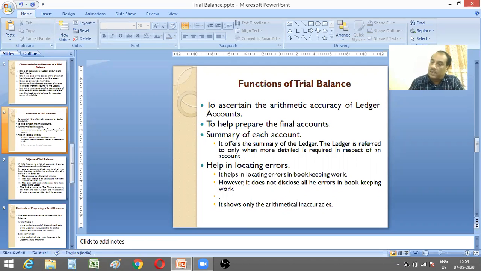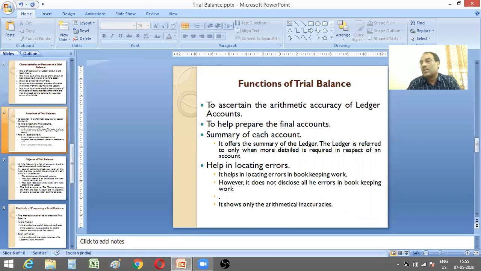If there is any difference, then there is some problem. If there is no difference, then we will say that accounts are in agreement and our trial balance is okay. Our postings in the ledger, our transfer from journal to ledger, is okay. There is no error. Mostly this method is used for preparing the trial balance.